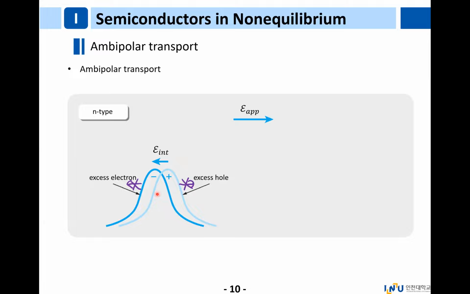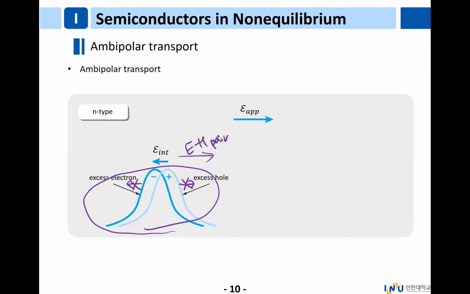For instance, in an n-type semiconductor, if excess electrons and holes are generated, the external electric field initially causes them to separate. However, at some point, this induced internal field brings them back together and they move as a pair.